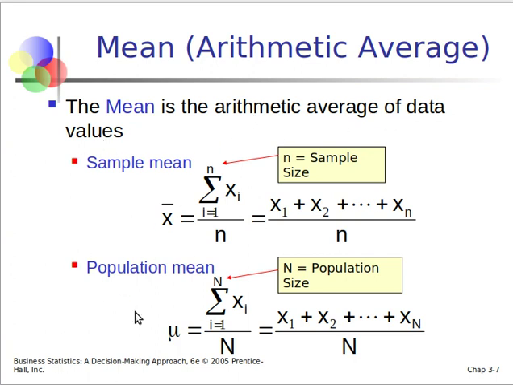And there are two kinds. Once again, the sample mean and the population mean. The sample mean is the arithmetic average of the sample taken from the population, while the population mean is the arithmetic average of the entire population. That is, if you take a census for all the individuals involved, a census, not a sample.